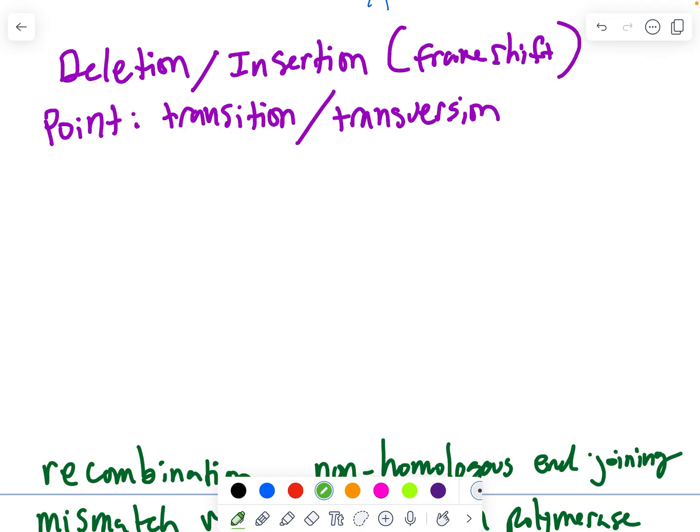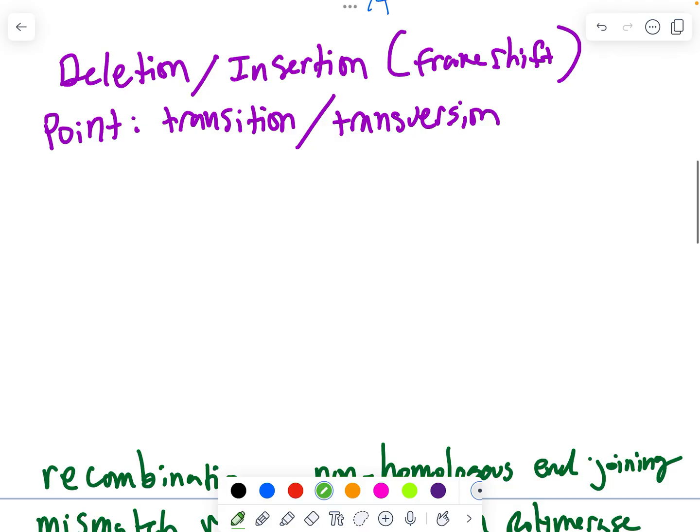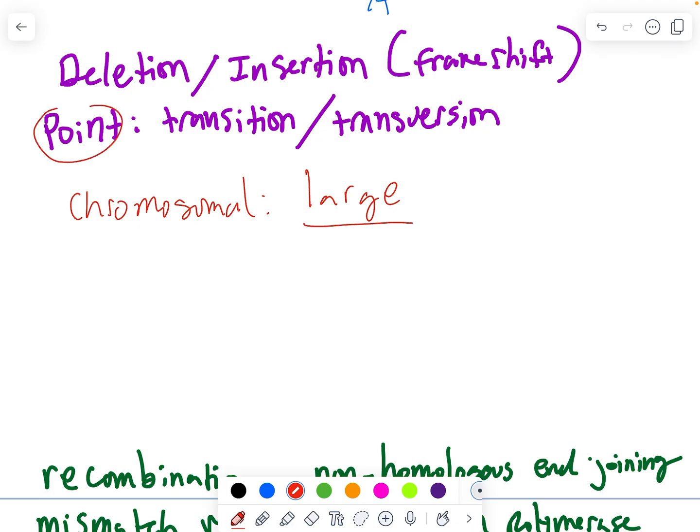And so what we say is, big picture, we have chromosomal mutations, and chromosomal mutations are where we have ionizing radiation that basically shreds a chromosome. So anything that is large scale, where we lose a lot of DNA, we call those chromosomal mutations. But small scale mutations we call point mutations.